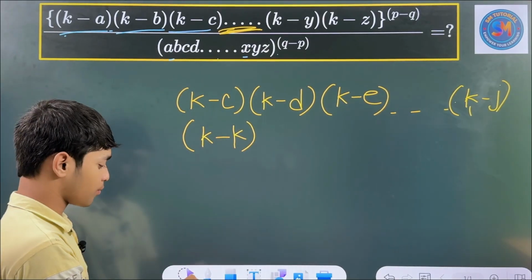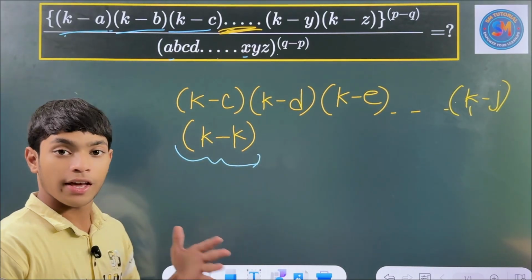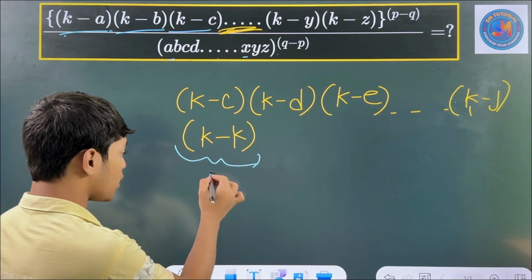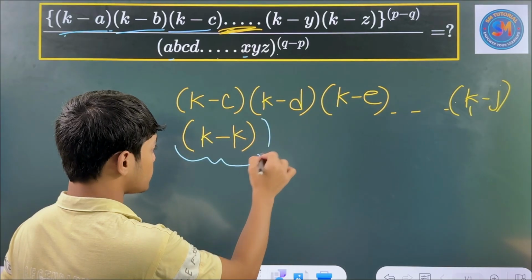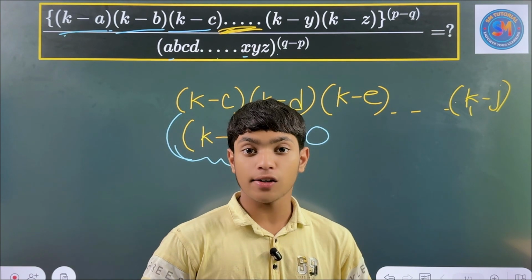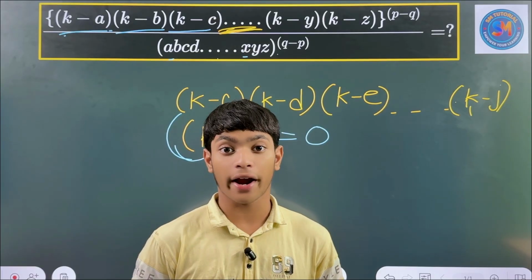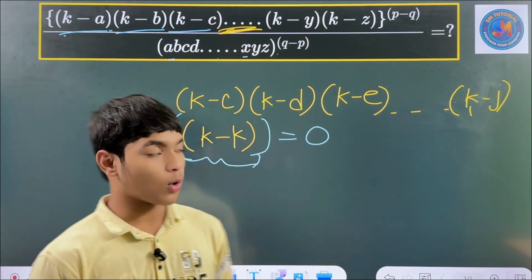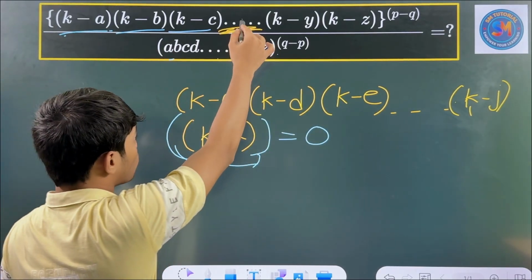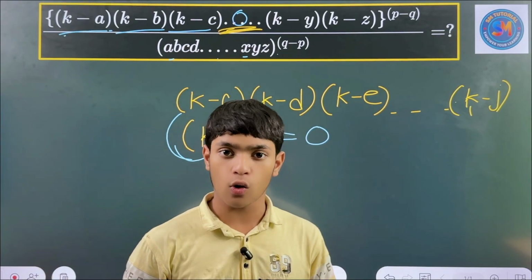What does this mean actually? Can you tell me? k minus k. Suppose k is 5. Then 5 minus 5 is 0. So this factor is 0. If there is a 0 in a sequence where everything is being multiplied, then when you multiply everything with 0, what will the result be?